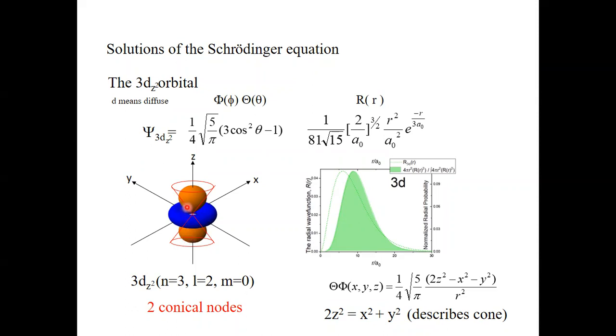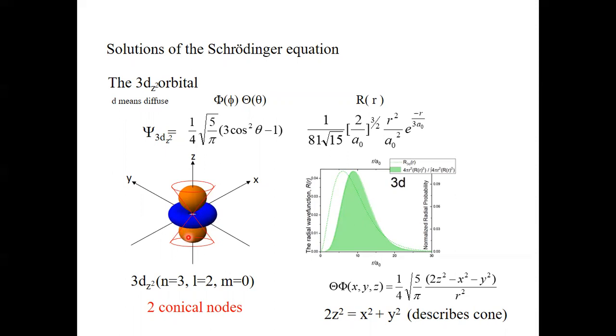Therefore, these two lobes here have the same algebraic sign, but this toroidal ring here, which is characteristic for the 3dz squared orbital, has a different algebraic sign. So the algebraic sign switches as you go from here to this ring, and again from this ring to the other lobe.